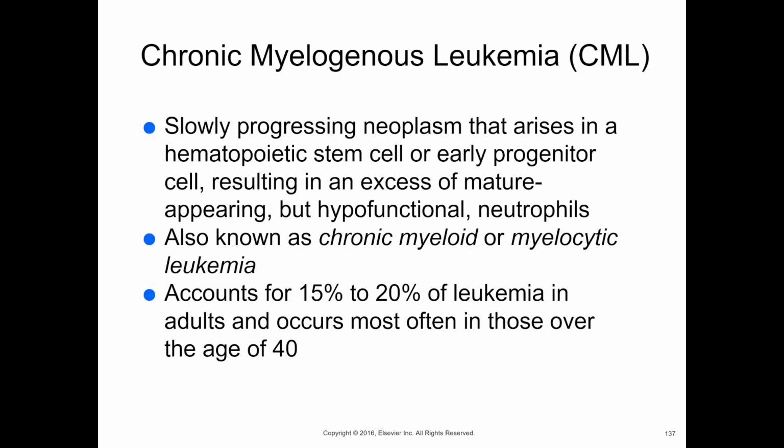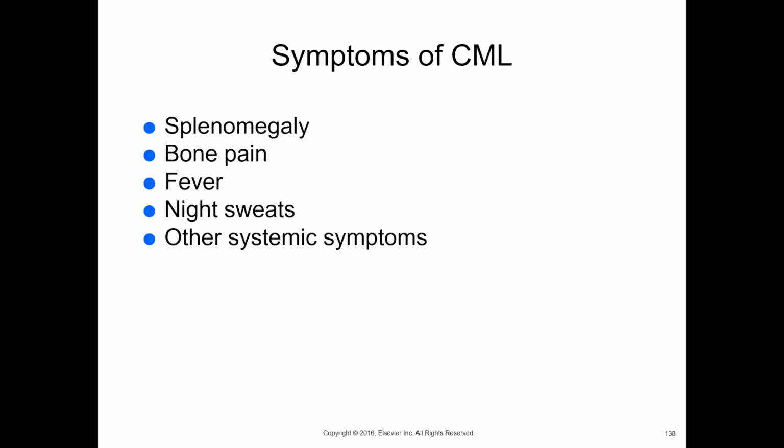CML, chronic myelogenous leukemia. This is typically that leukemia for people between the age of 20 and 40, but generally about 40 is what you see there. Interestingly, CML is related to an abnormal chromosome 22, which is termed the Philadelphia chromosome. In this, you get your very standard cancer type symptoms.